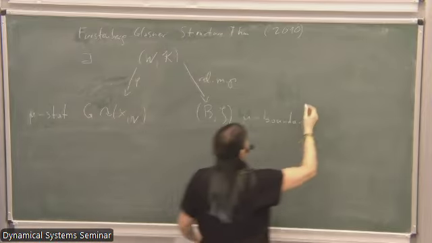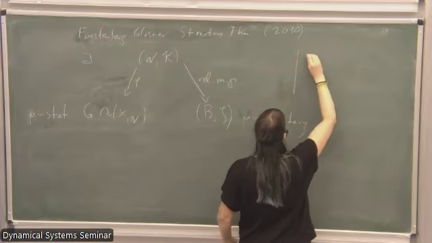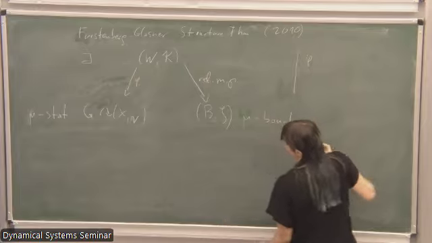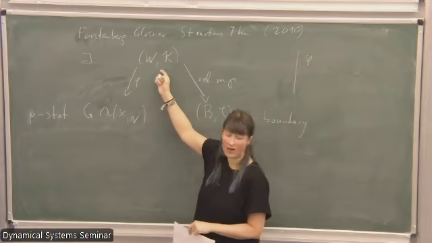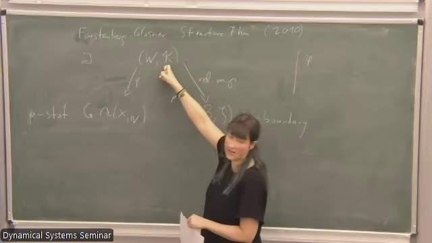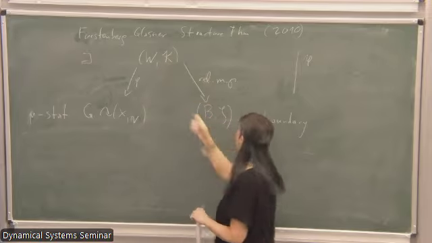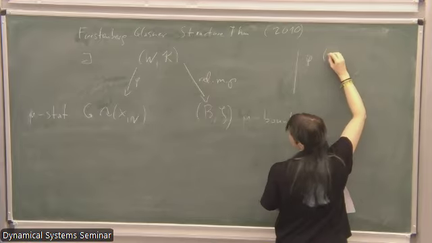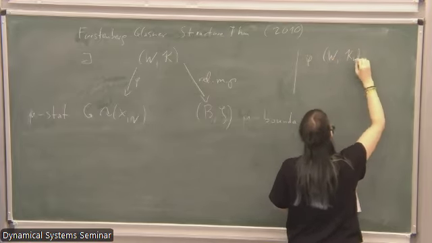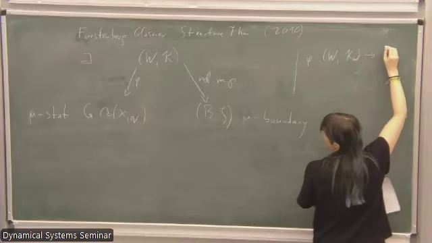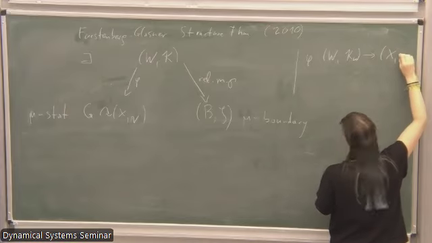So phi, this map, it's not one-to-one, but if I take the limit measures, then it will be. So if I have W, and then let me write kappa omega, I will explain in a moment.